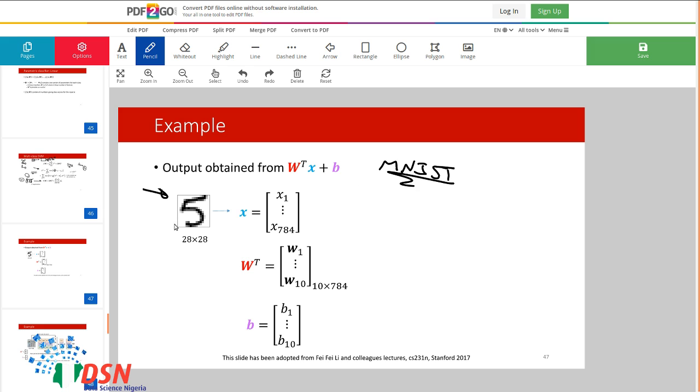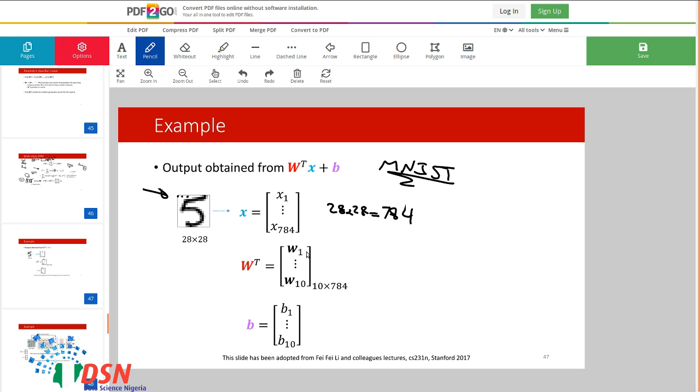It has digits, which are 28 by 28 images, so we have 28 times 28 pixels, which is 784 pixels. So we could vectorize the input as we did here to vectorize the image matrix.